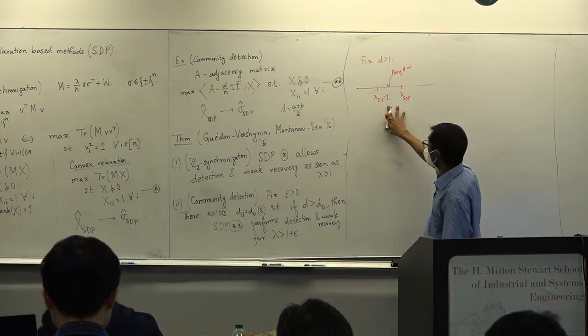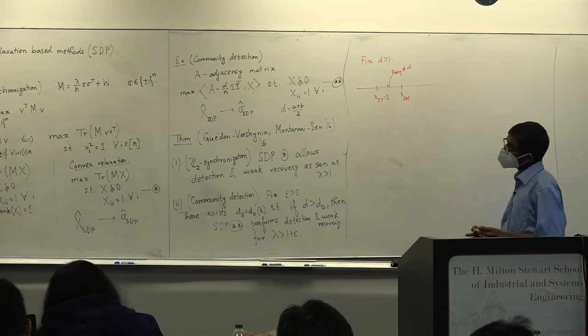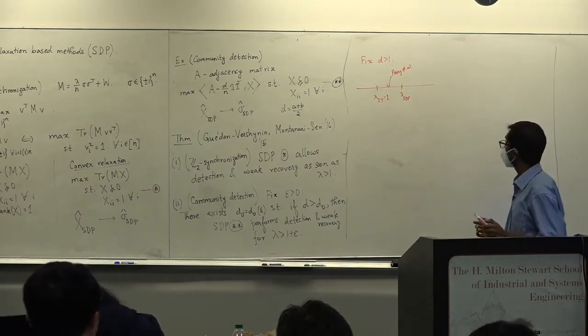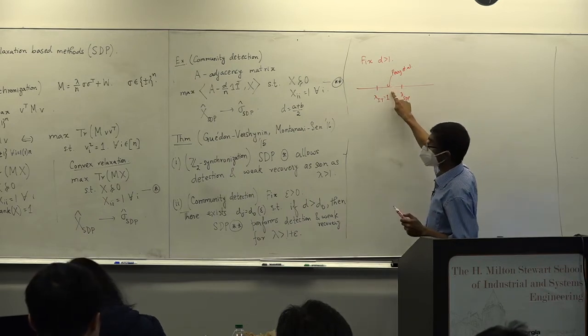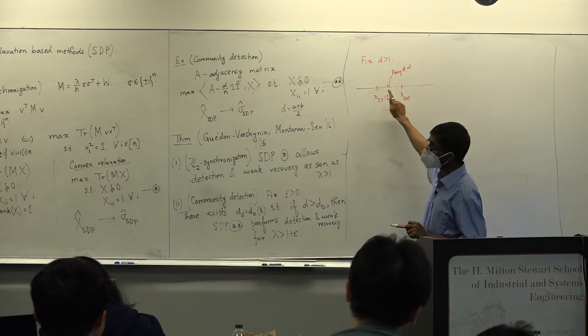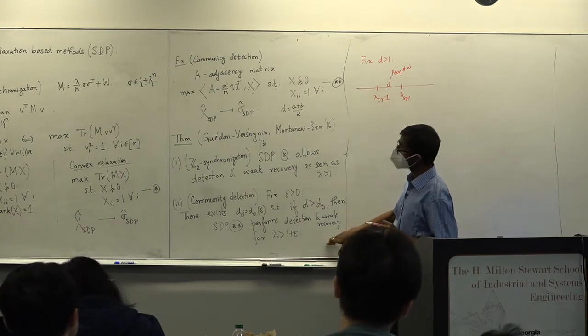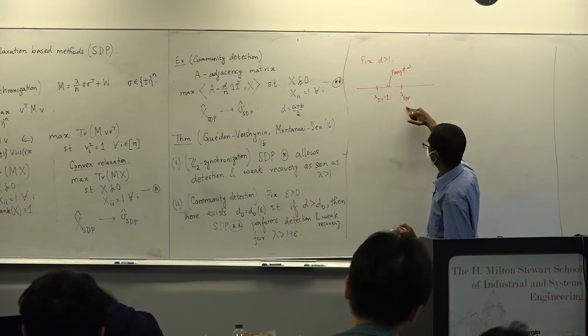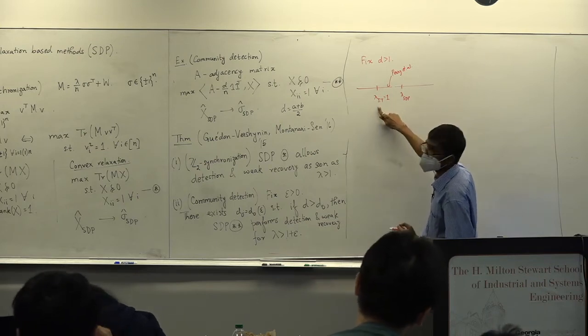And in fact, they prove that many classes of algorithms that are robust in a certain sense cannot attain this information theoretic threshold. What this result is saying is that now if you make the degree grow, essentially this shifts back to 1.